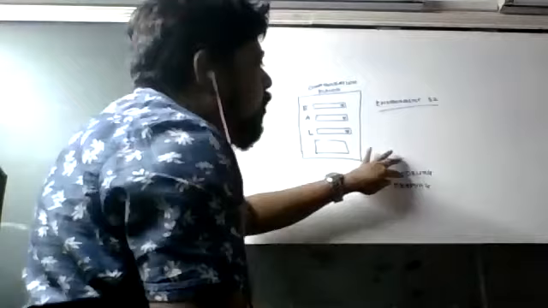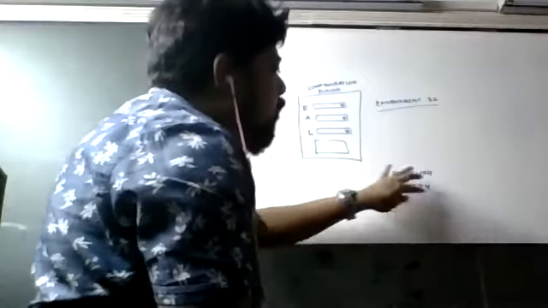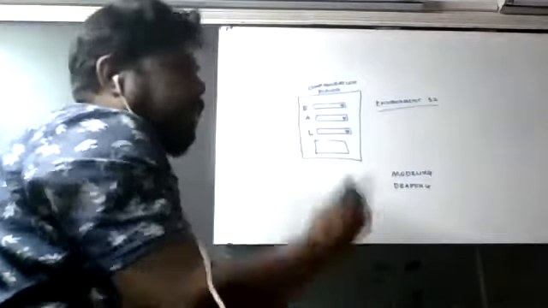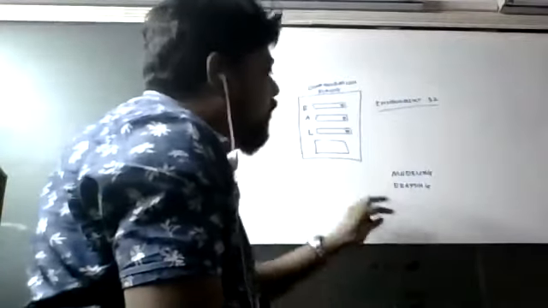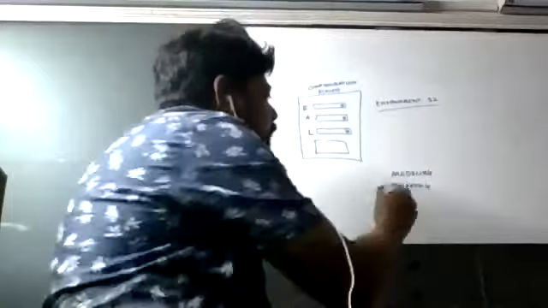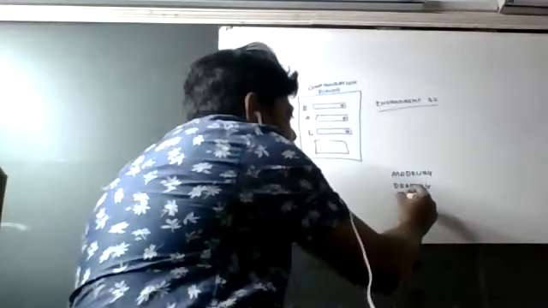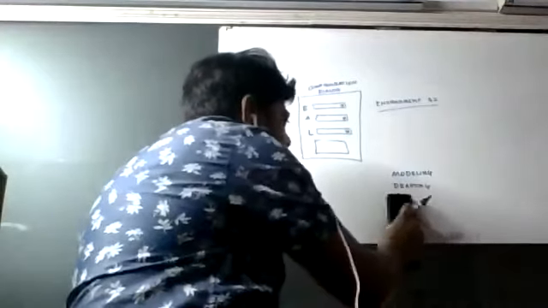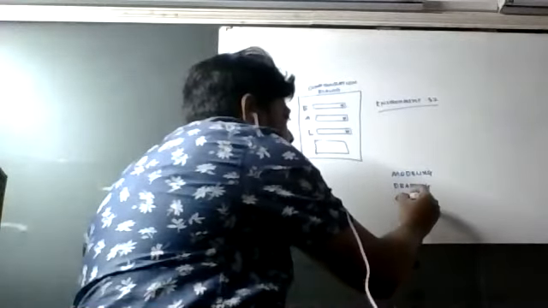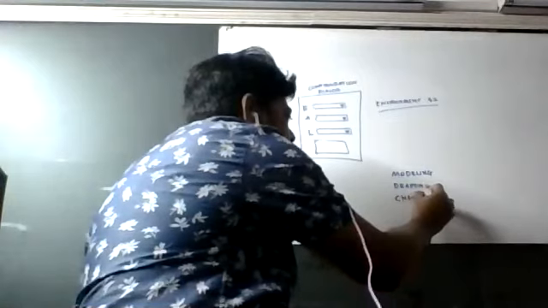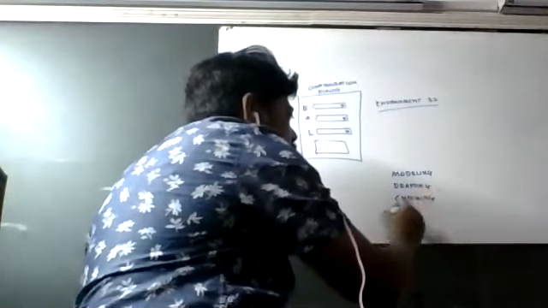Some resources will be working on modeling, some will be working on drafting. From a single team, some resources will be involved in modeling only, some in drafting, and some in checking.